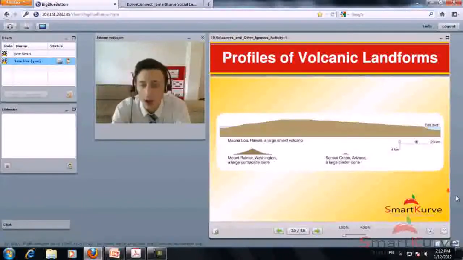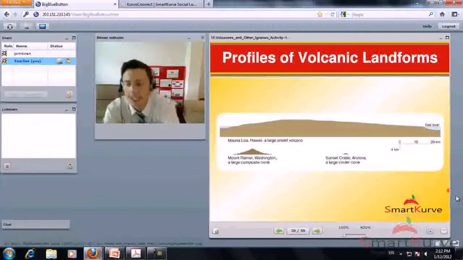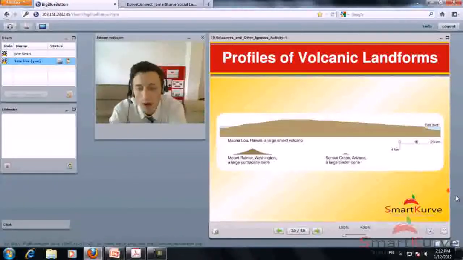All right, okay, here we go. Profiles of volcanic landforms. Perfect. You can see the three different examples here, and you can see the very, very different shapes. That one up at the top, Mauna Loa in Hawaii, is a large shield volcano.